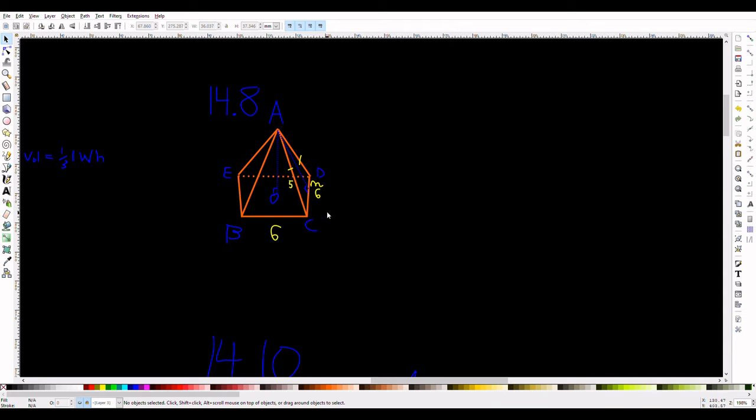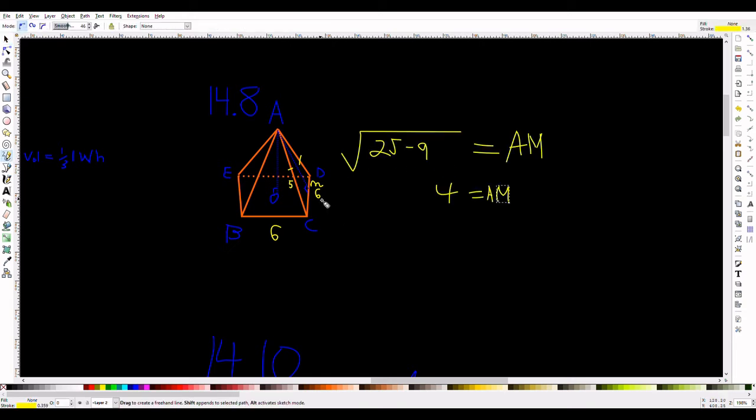So AC is our hypotenuse, CM is 3, and we'll just use our Pythagorean theorem. Now that we know that AM is 4, we can find AOM. What is OM? It's 1/2 of BC. Since these are all parallel lines and this base is square, that makes OM 3.